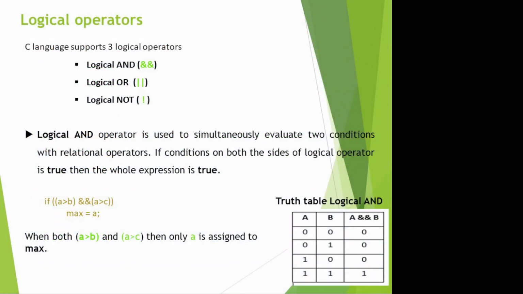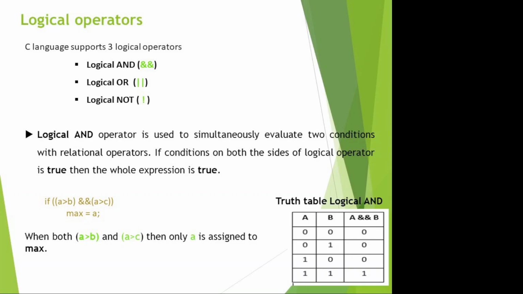Now, what is a logical operator? There are three types of logical operator. One is logical AND, other is logical OR, and the logical NOT. Logical AND operator is used to simultaneously evaluate two conditions with some relational operators. If the condition on both the sides of the logical operator is true, that means 1, then the whole expression will be true.